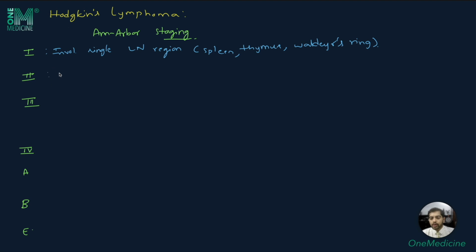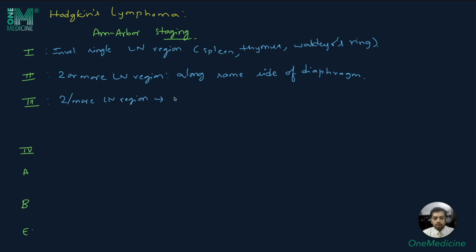Stage 2 is involvement of two or more lymph node regions but along the same side of diaphragm. Stage 3 is when two or more lymph node regions are involved but they are on different sides of diaphragm.